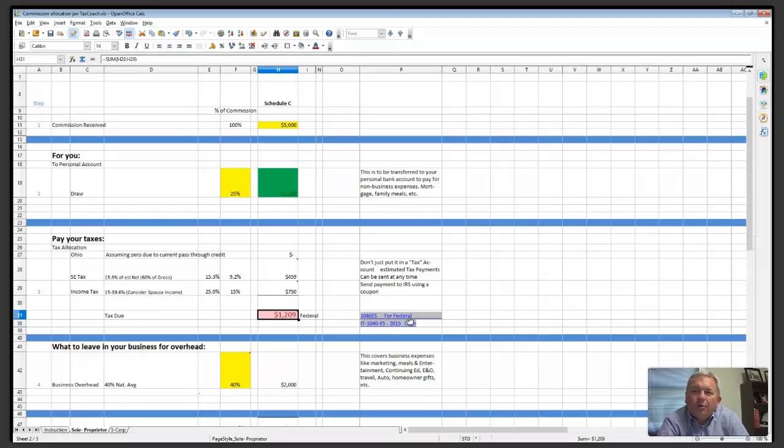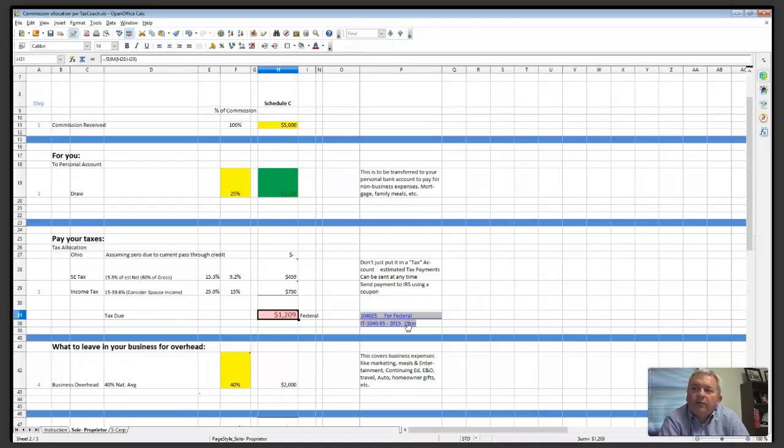You want to put which tax year you're applying the payment to on the memo, tax year 2018 or 19 or 20, whichever it might be, so that they apply it to the right period. You're not so much worried about them applying it to the wrong quarter, because they will give you credit for it based on the date that they apply it to your account. So which quarter it applies to is already taken care of.